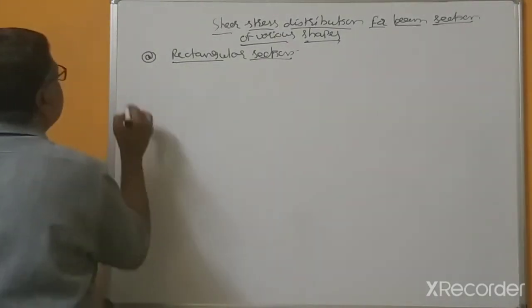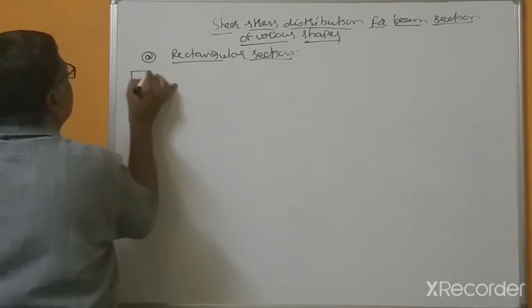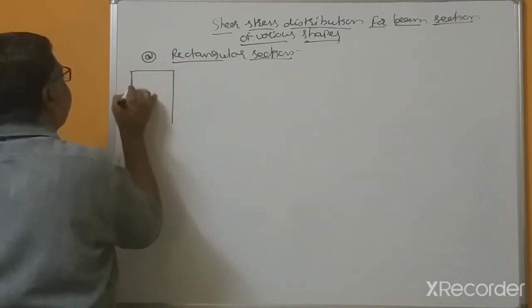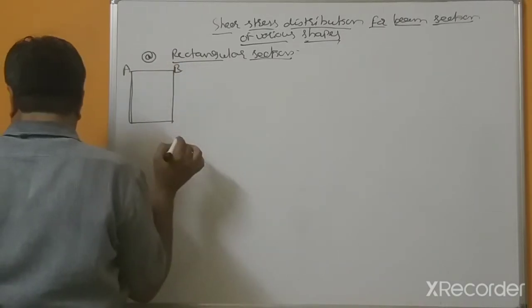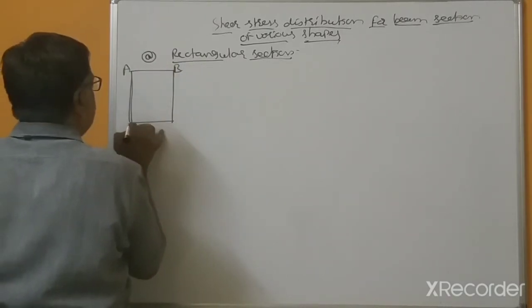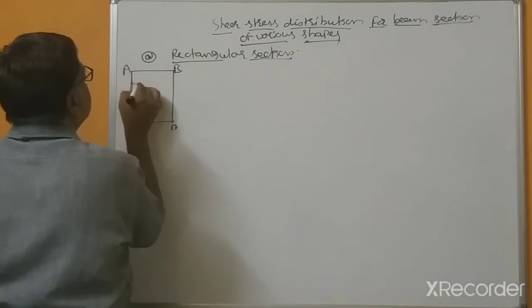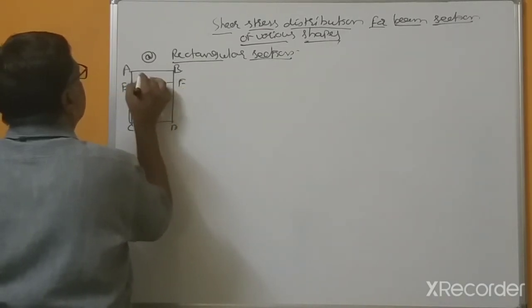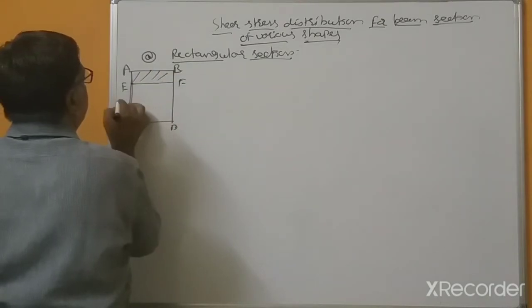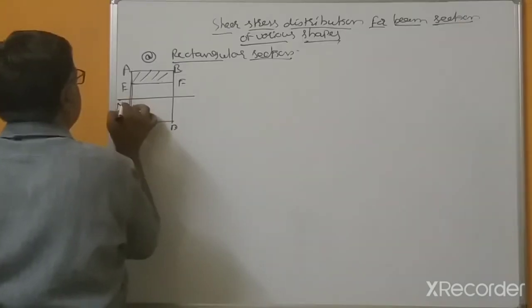So for a rectangular section, consider this rectangular section. This is AB, CD, and this is EF. And this is the neutral axis.